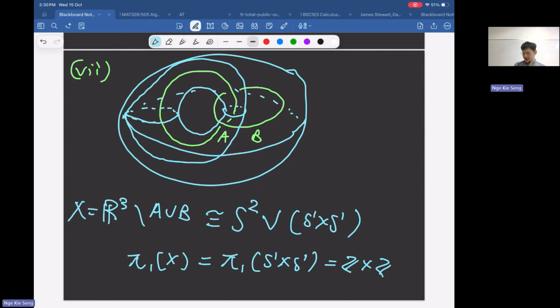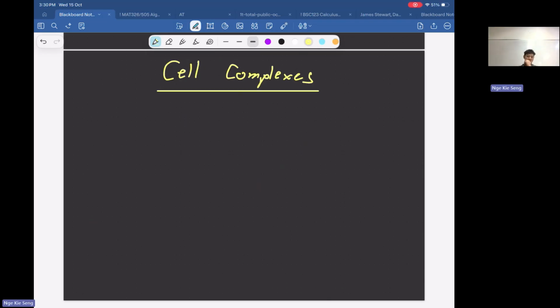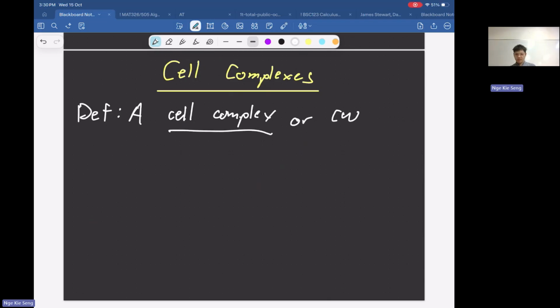Okay. So let's go to the next subtopic, which is called cell complexes. Actually, this is chapter 0, but I left it here because we're going to use it now. We're going to define cell complexes inductively. Sometimes we call it a cell complex, or sometimes a CW complex.